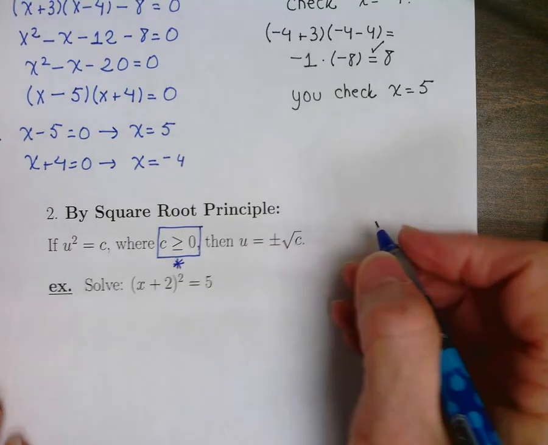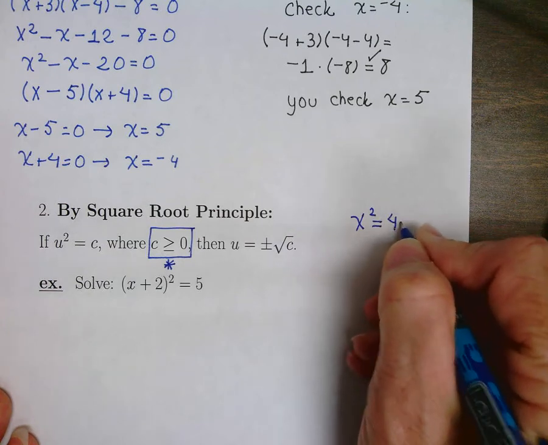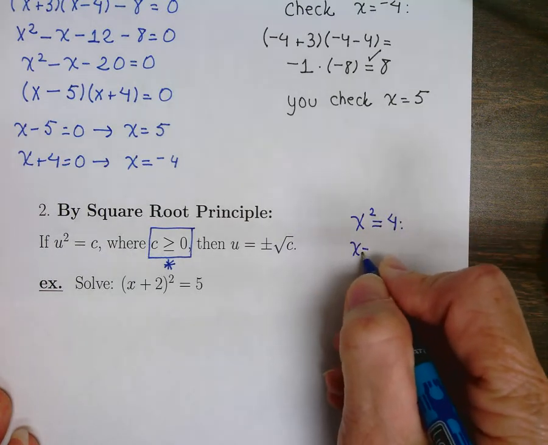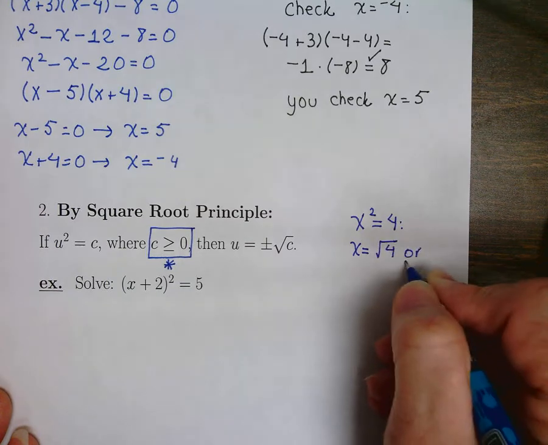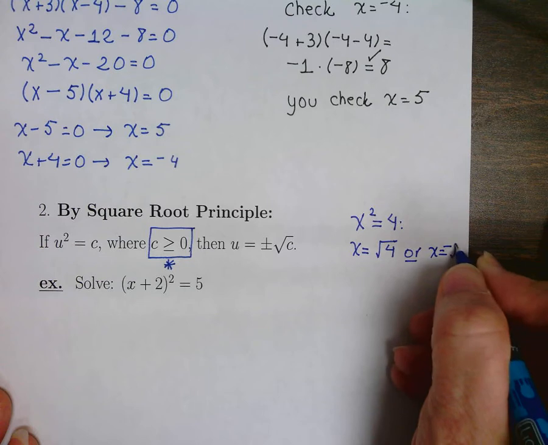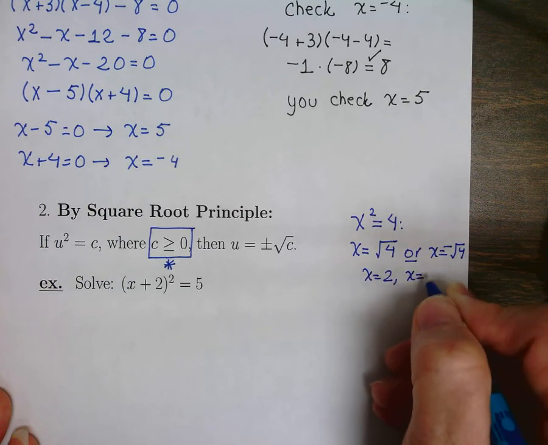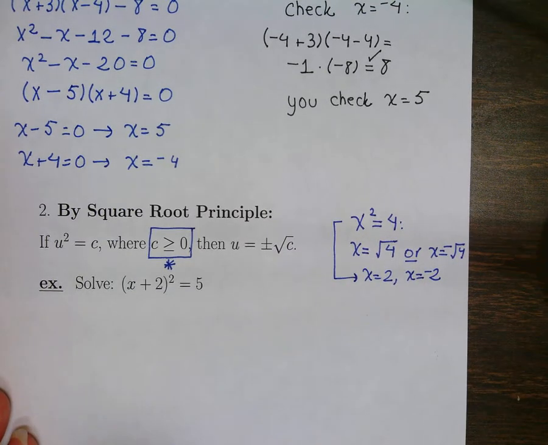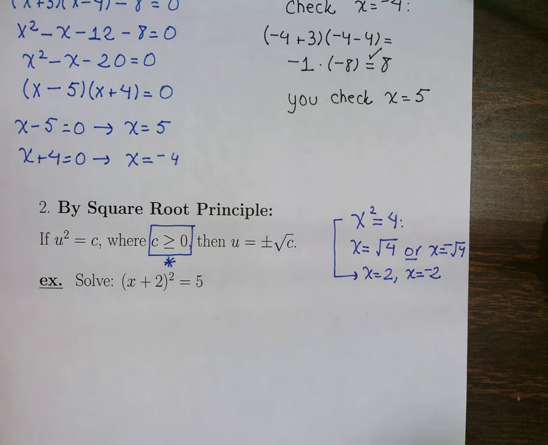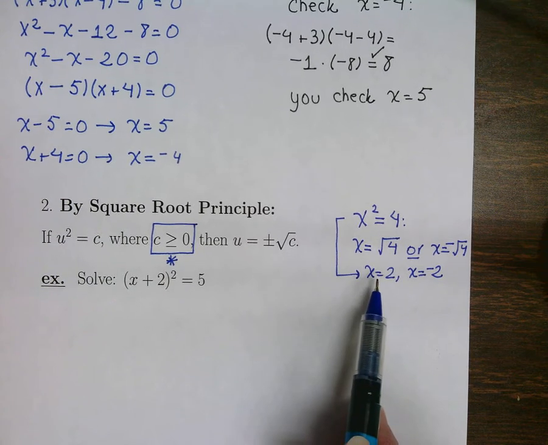And we know that because, for example, if x squared equals 4, that equation has two solutions. x equals the square root of 4, or x equals minus the square root of 4. Because if I square either 2 or negative 2, I will get 4. Now again, the square root of 4 is not plus or minus 2. The square root of 4 is just 2. But the equation has two solutions.